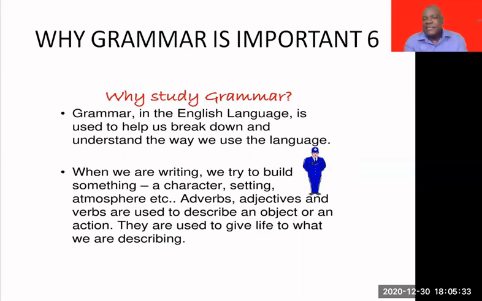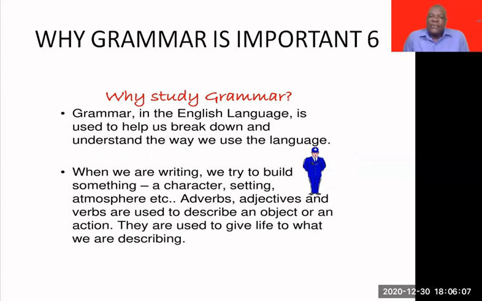Of course, it is important for you to understand how to use the language, because when you understand how to use the language correctly, then you can communicate your ideas with clarity, and in the manner that gets things done in the right way.